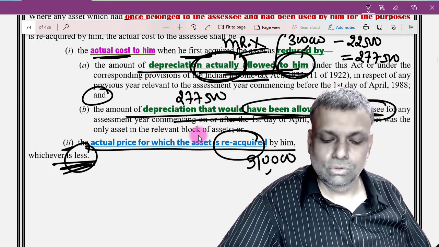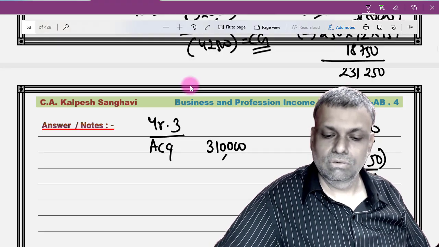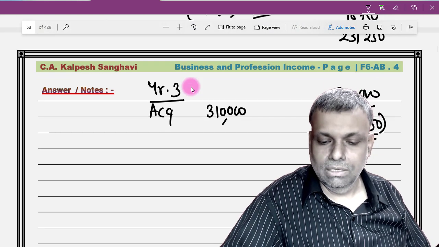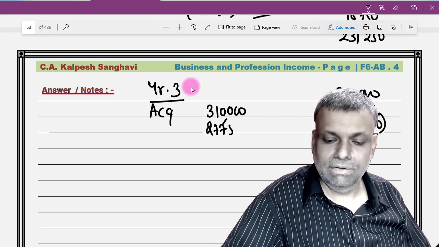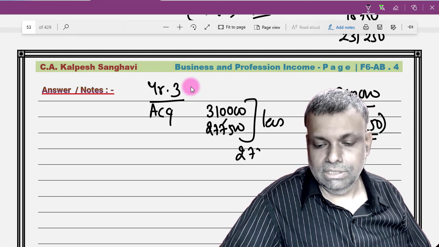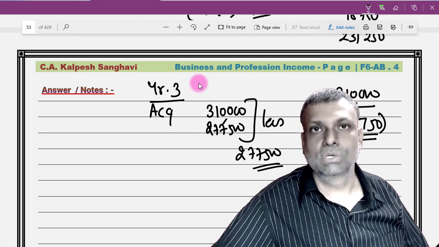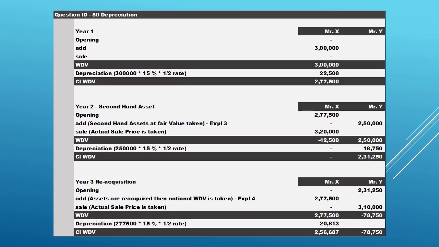So 2,77,500 is going to be the cost. So 2,77,500 is the cost on which you have to calculate the depreciation for year number 3 in the hands of Mr. X.